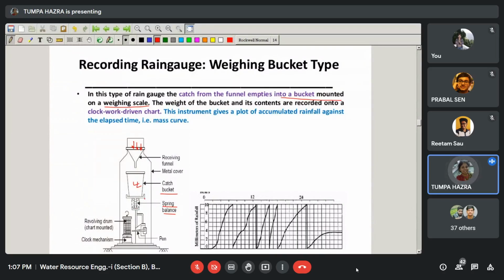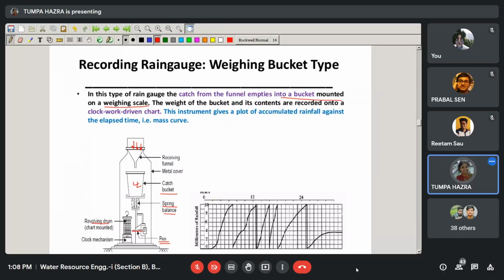The weight of the bucket is recorded by a pen onto a revolving drum, which is rotated in a clockwise direction, and white paper is attached on the surface of the drum.